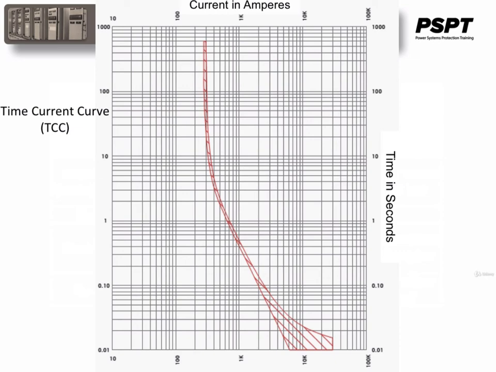The time current curves of a device graphically show the response of the device to various levels of overcurrent. The curve allows the power system engineer to graphically represent the selective coordination of overcurrent devices in an electrical system.